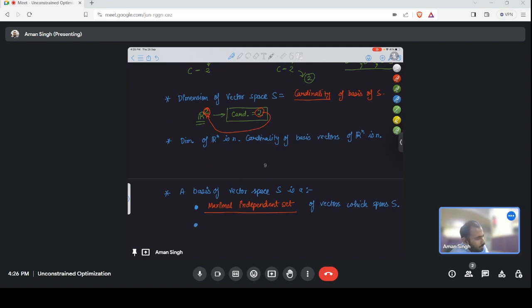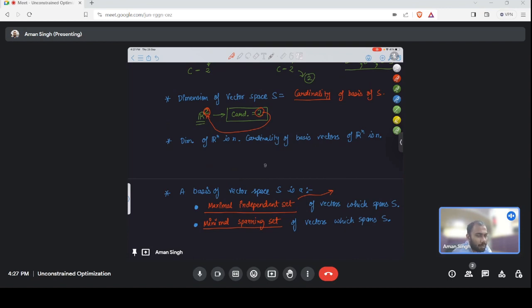A basis of vector space S is also a minimal spanning set of vectors which spans S. So this maximal independent set means that it is the maximum number of vectors which can be independent and also span S. This is what we talked about a little bit earlier.